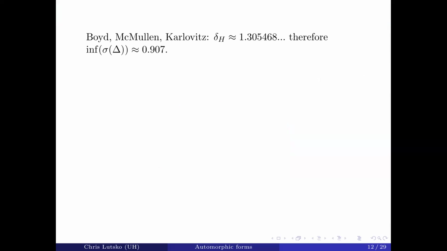So what's nice about this? Well, the packing is generated using some pretty classical maneuvers, and you can work out the Hausdorff dimension of that. Not precisely, but you can get estimates. Boyd got some inequalities, McMullen was the first person to get a real estimate, and then Karlovitz, I think, improved it.